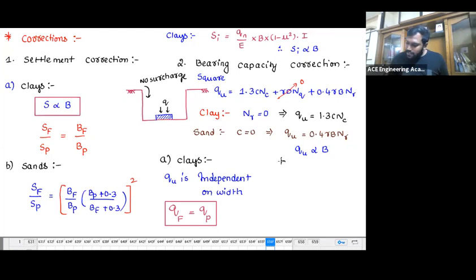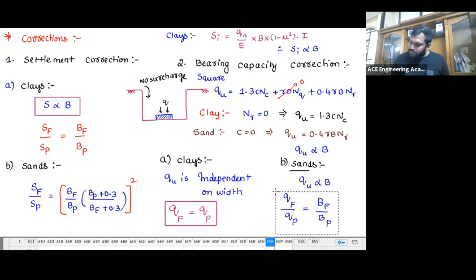Whereas in the case of sands, as I just mentioned, qu is directly proportional to width. So whatever the bearing capacity under footing is, it is qf by qp equal to BF by BP. With the reasons, I have mentioned and written all these things.